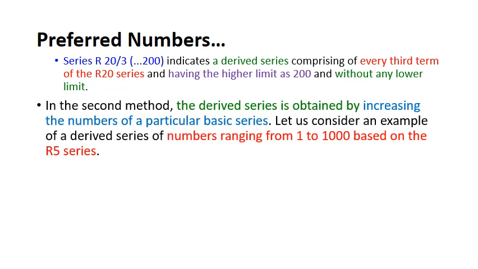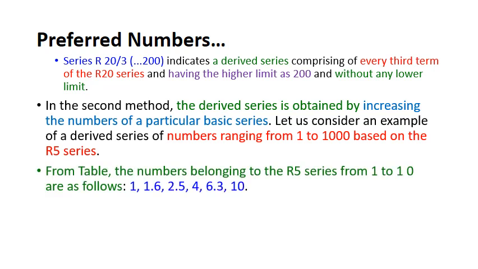The second method is obtained by just increasing the numbers of a particular basic series. How to get that? Let us take an example. We want to develop a derived series with numbers ranging from 1 to 1000 based on R5. From our table, the R5 series is 1, 1.6, 2.5, 4, 6.3, 10.